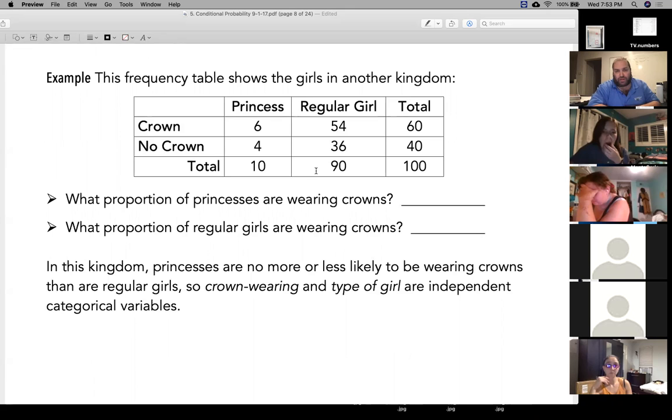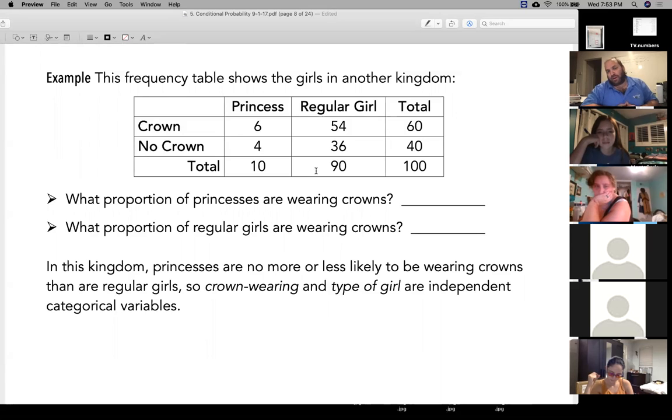So what we have here is how many girls in total? 100. We see that in the bottom right cell. How many princesses? 10. How many non-princesses? 90. How many crowns? 60.